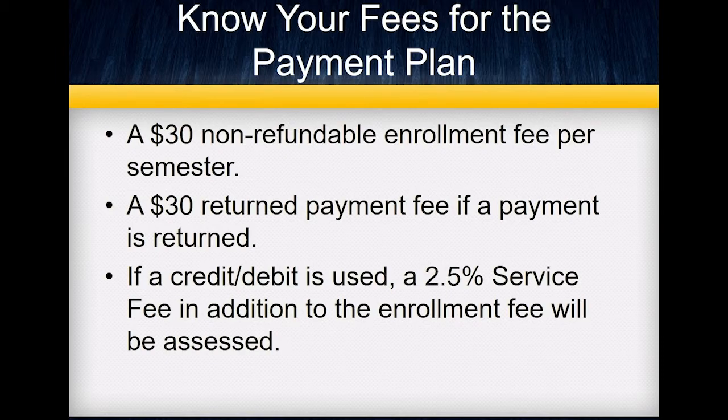If for any reason, when they go to take the payment out on the 5th of the month, there are non-sufficient funds, there is a $30 return payment fee that is charged. And if you use a credit or debit card for those monthly payments, they do charge you a 2.5% service fee in addition to your enrollment fee. So do know that.